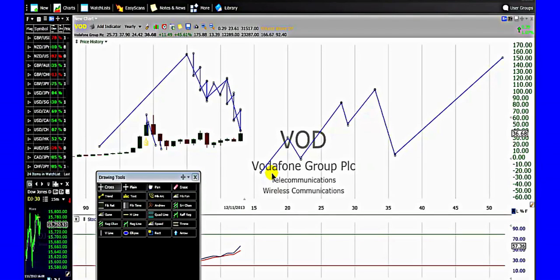But when we count 1, 2, 3, 4, 5, the first thing that comes to our mind is an impulsive move. Go, go, go. A trend, a wave that is in the direction of a major trend, all right? When we count 1, 2, 3, 4, 5, we are talking about a motive wave, an impulsive wave, because an impulsive wave can be divided into 5 subwaves in all time frames.